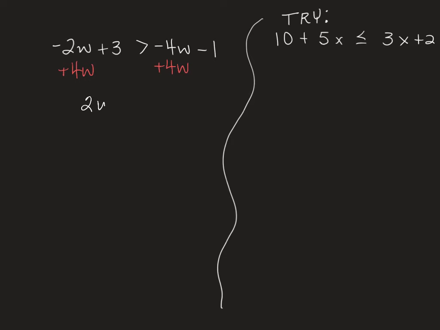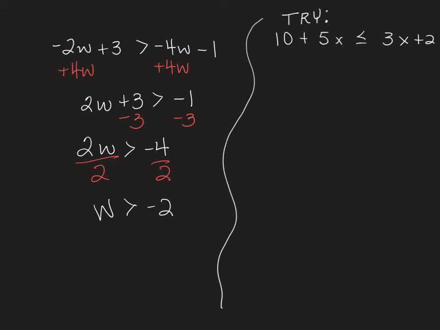This is going to give me 2w plus 3 is greater than negative 1. I'm then going to subtract 3 off of both sides. That's going to give me 2w is greater than negative 4. And then I need to divide by 2. W is greater than negative 2. Again, I'm going to check to make sure this inequality is correct.